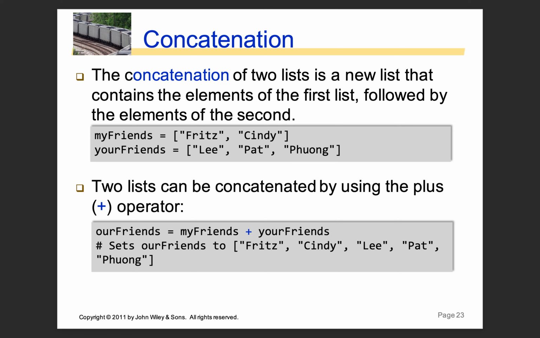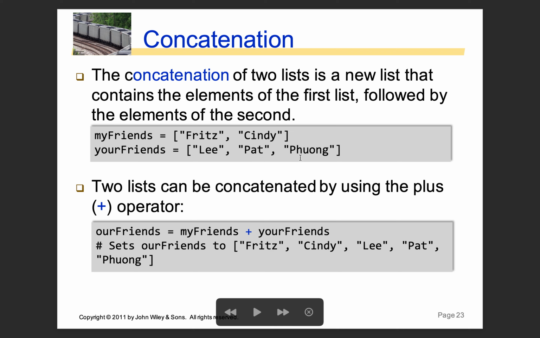Okay, so we've got adding stuff, finding stuff, removing stuff. Concatenation allows us to join lists together. So the concatenation of two lists is a new list that contains the elements of the first list, followed by the elements of the second. So let's say we have my friends being Fritz and Cindy, your friends being Lee, Pat, and Fong.